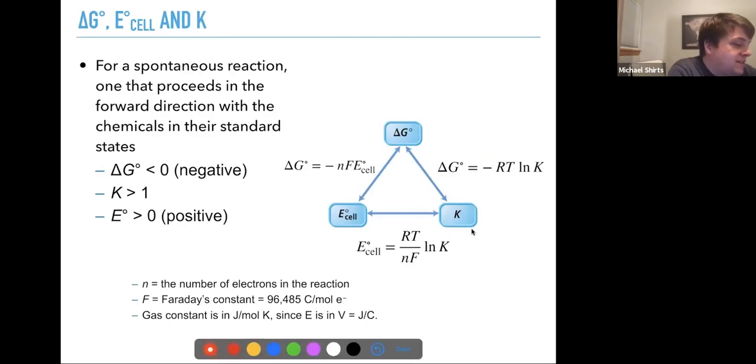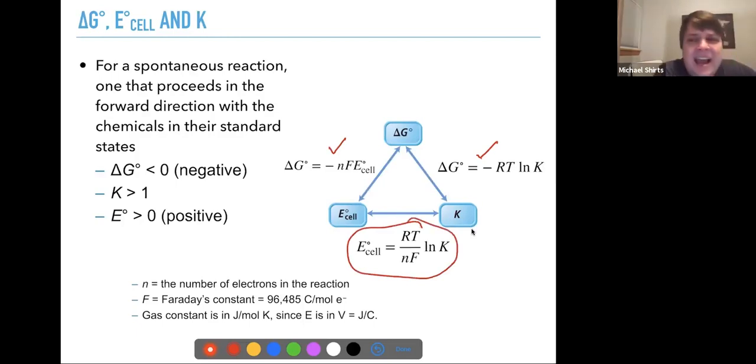So given this definition of the relationship between standard state free energy and equilibrium constant, and this definition between the standard state free energy and the standard potential of a cell, you can just rearrange algebraically and find that the standard potential of the cell is going to be RT over nF log K. And you'll see this written in the book sometimes as 0.0592 over n times log K, but that is trying to do too much algebra.